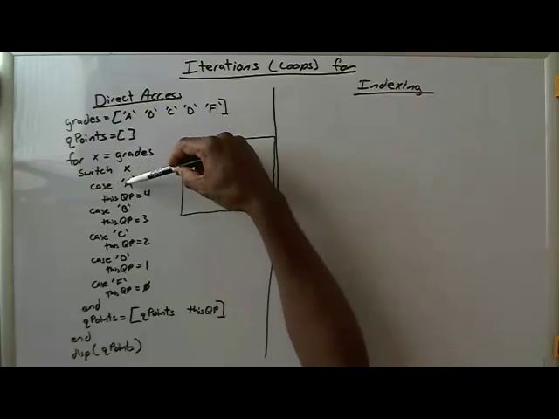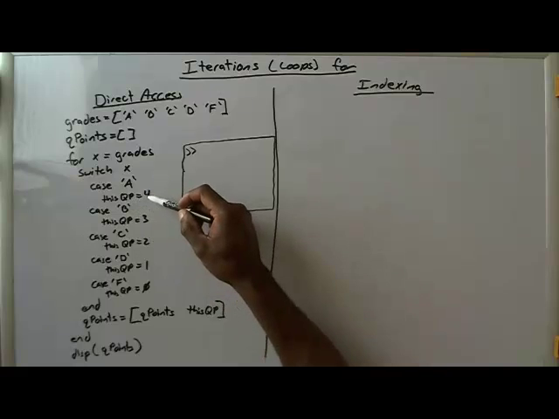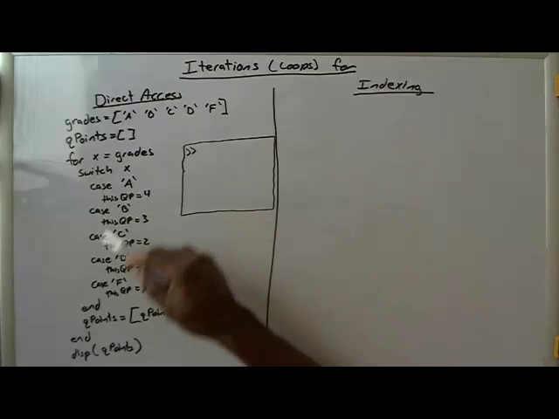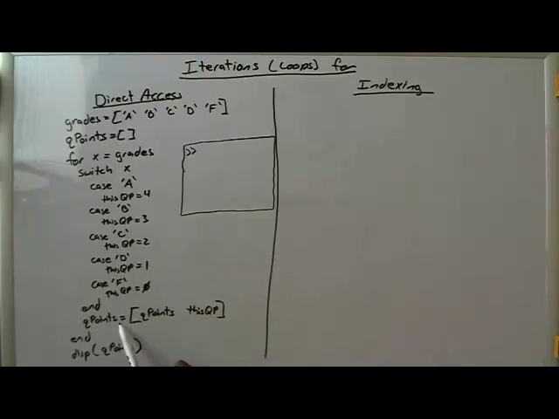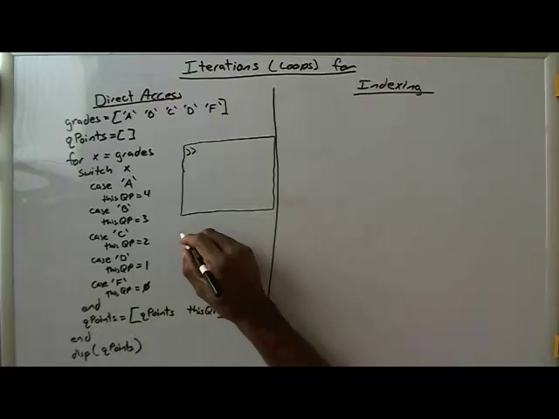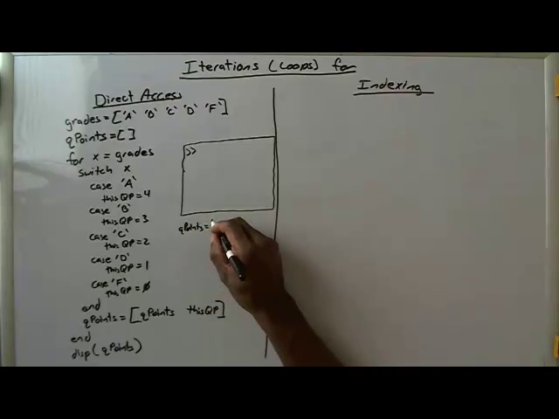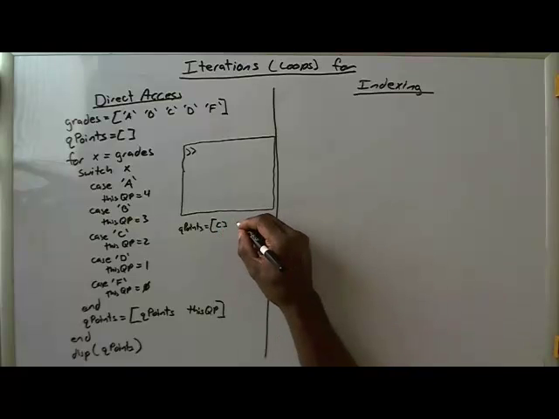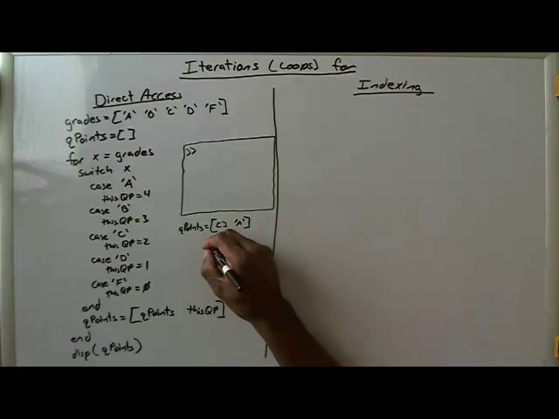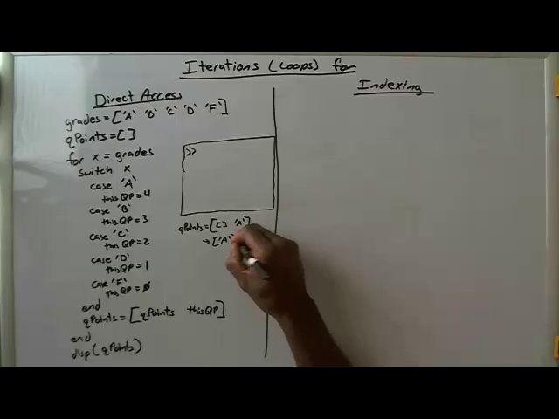So in case that's A, then this QP equals 4. I finished my switch statement this time around. Q points equals Q points, so vector Q points is equal to what was the empty vector concatenated with 4. So now Q points equals a vector with 4 in it.